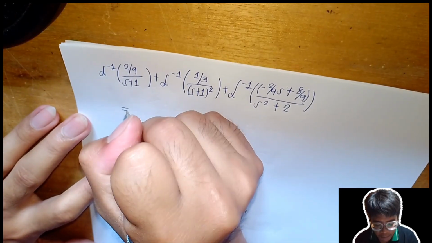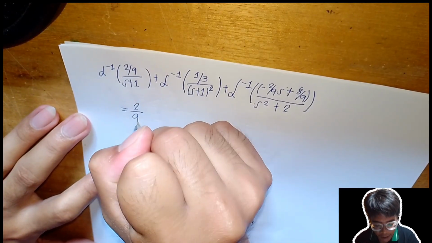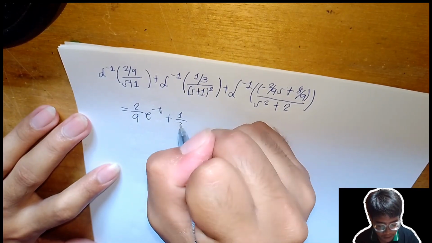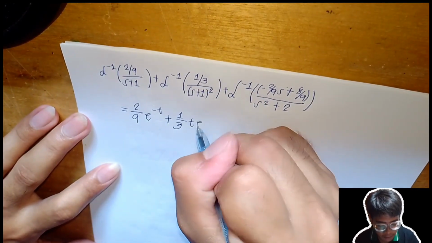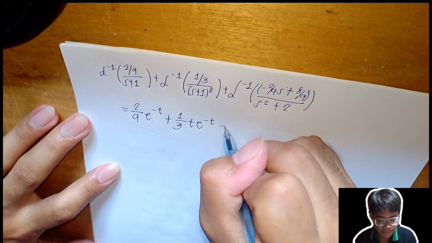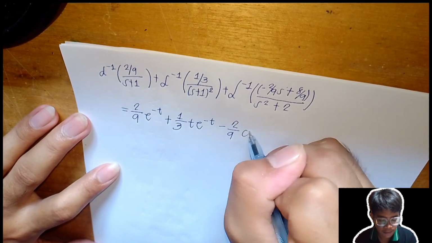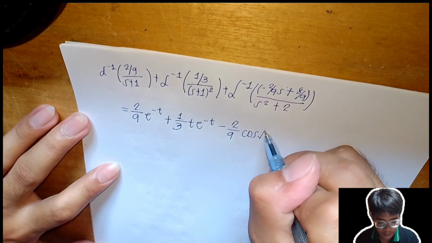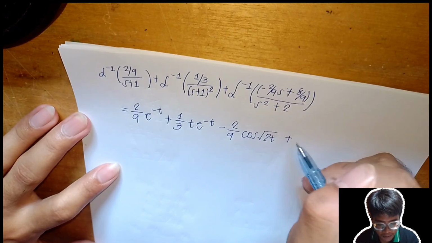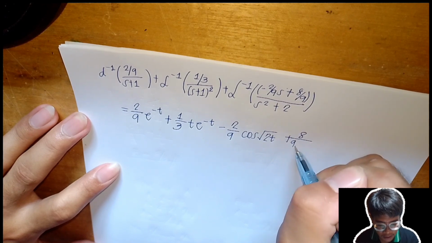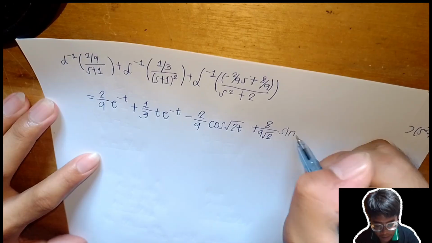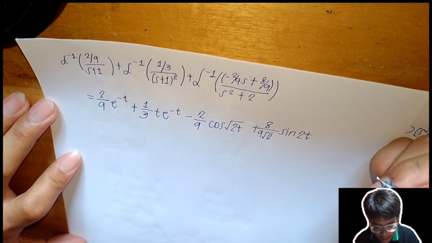The final answer is 2 over 9 e raised to negative t plus 1/3 t e raised to negative t minus 2 over 9 cosine of square root of 2 t plus 8 over 9 square root of 2 sine of square root of 2 t.